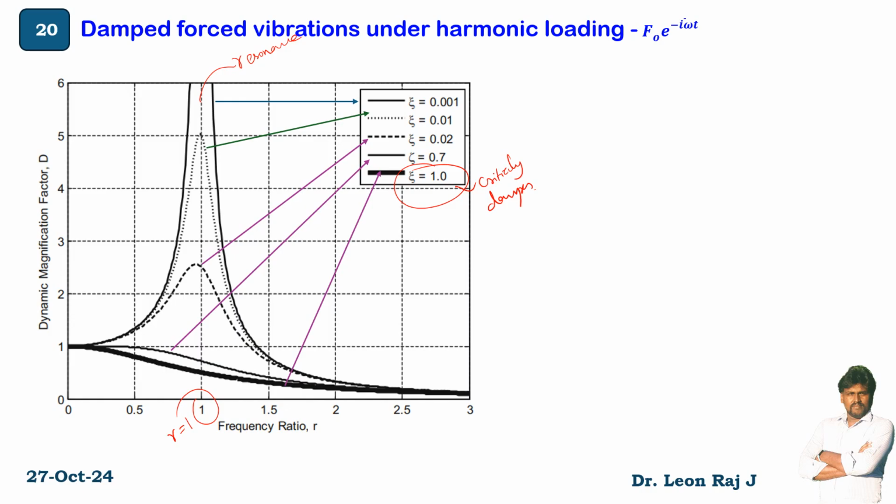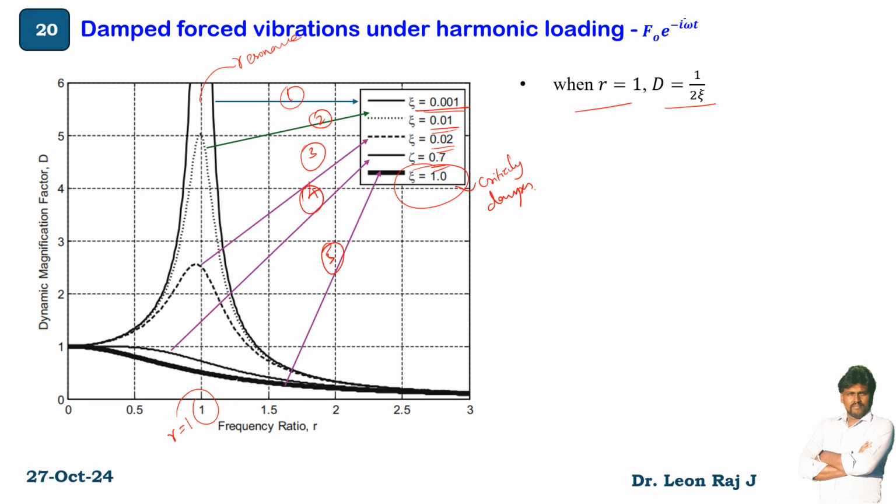So here the dynamic magnification factor for different xi values 0.001, 0.002, 0.07, for 1, 2, 3, 4 and 5, the graphs were drawn. The dynamic magnification factor versus frequency ratio is drawn here.